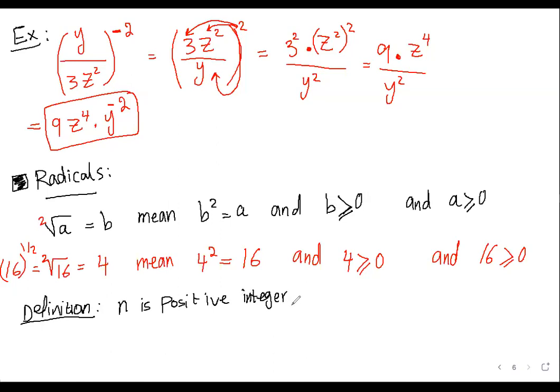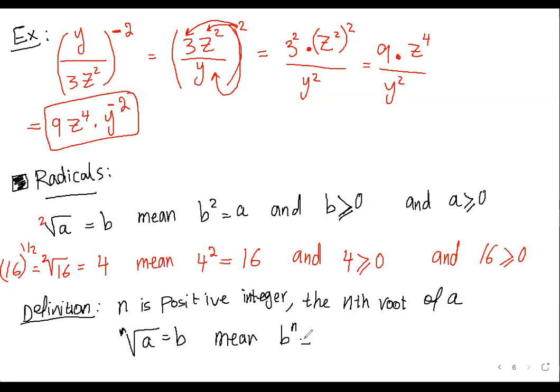The nth root of a is equal to b. What does that mean? Like before, it means b to the power n is equal to a.